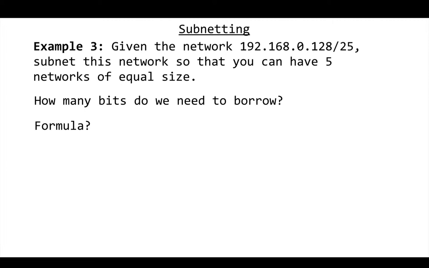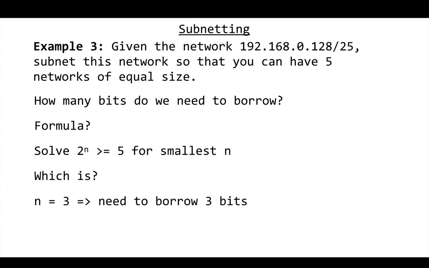And we do that via a formula that we need to remember. And typically I would ask the students in lecture, what is that formula? And of course the answer is we need to solve the equation 2 raised to the n power is greater than or equal to the number of subnets we need, and we need to solve that for the smallest value of n that makes that true. And again, I would ask my students, what is that?